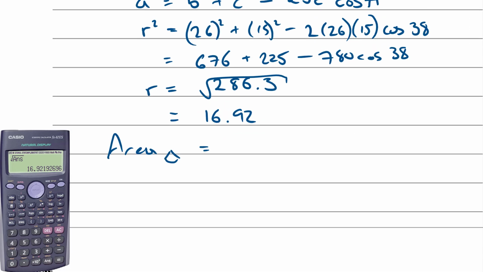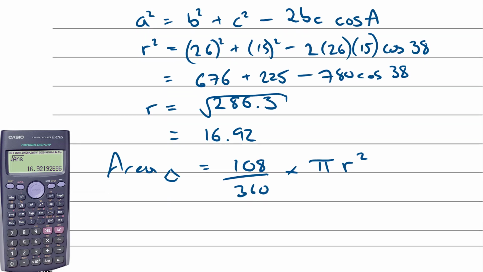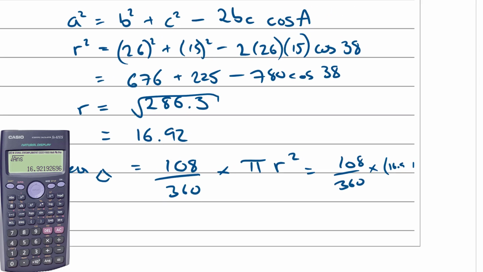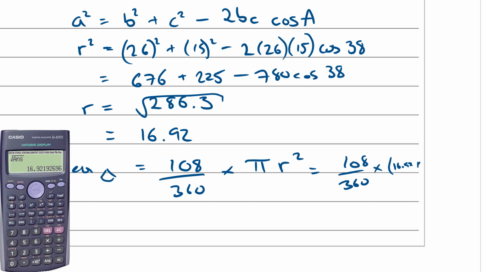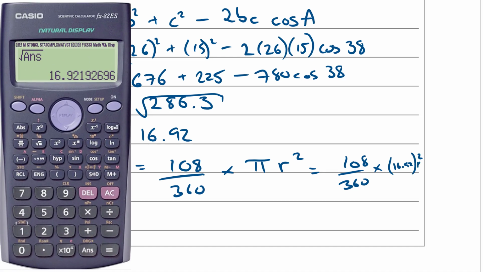So the angle is 108, so it's going to be 108 360ths of the area of the circle, which is pi times r squared, which in this case is going to be 108 over 360 times pi times 16.92 squared.